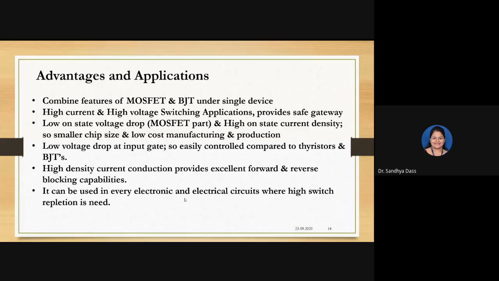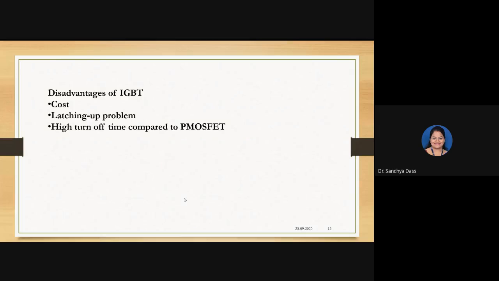Coming to the disadvantages of IGBT, its cost is one of its limitations. And as I mentioned, the latching up problem in IGBT is a limitation. Compared to MOSFET, it has a high turn-off time.